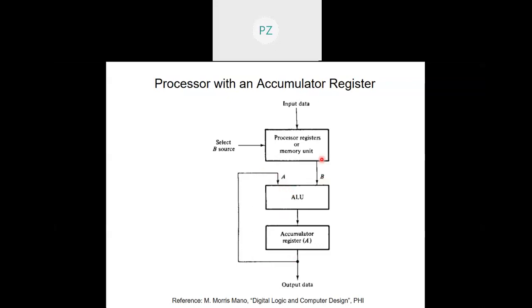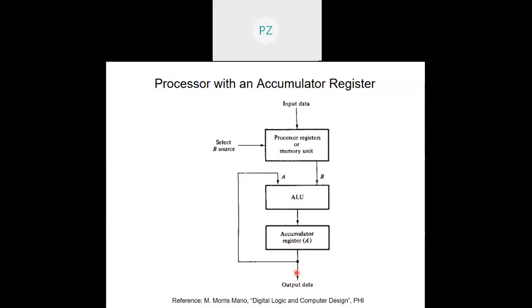So A and the data at the B bus coming from either the register files or the memory unit is processed in the ALU and shifter, of course, that is also mixed here, and the result goes into the accumulator register, which is always enabled for loading.